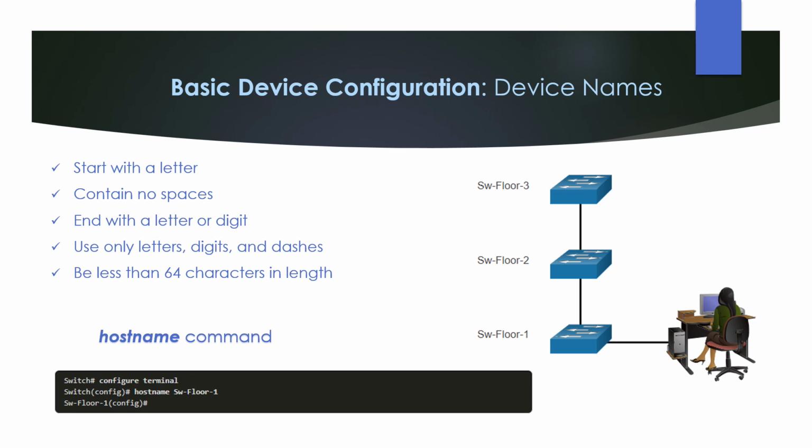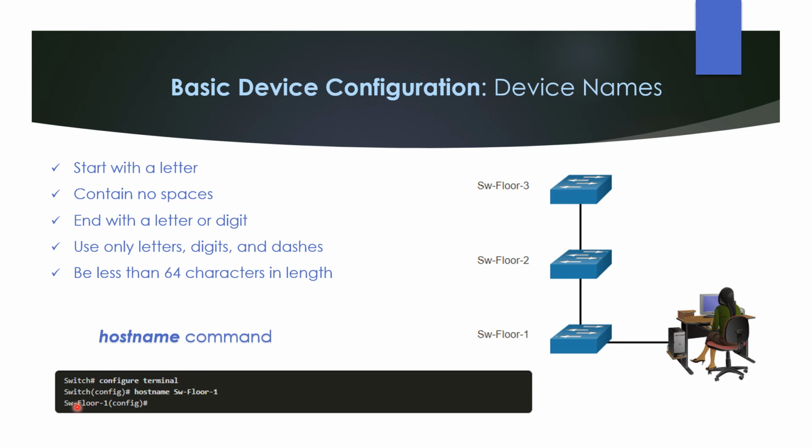After you go to this level, use the command hostname followed by a space and the name of the device. And as soon as you press enter, you will see that the prompt changes and shows the name of the device. In this case, it is the name of the switch for floor 1.